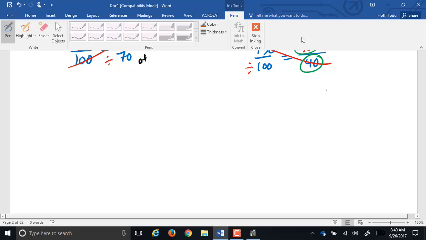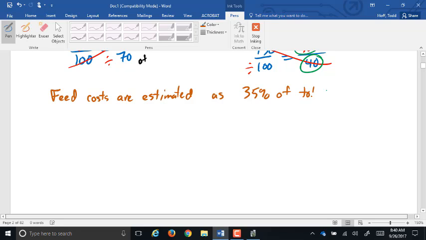Let's do an example here. Let's say feed costs are estimated as 35% of total production. Now by total production, I'm saying your total milk check.